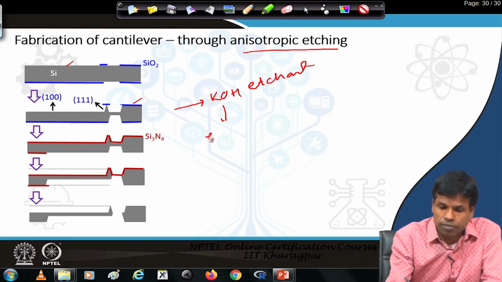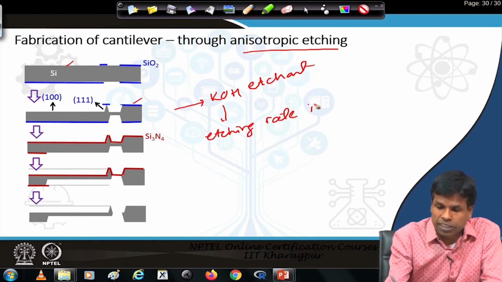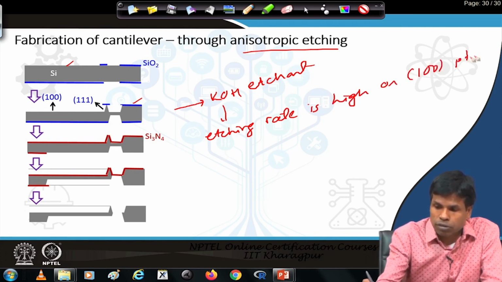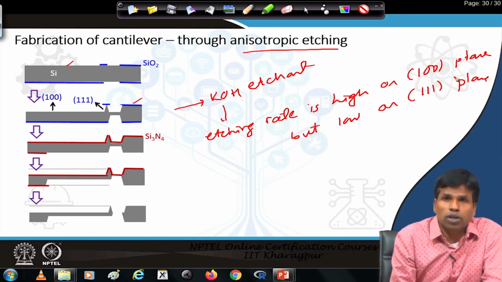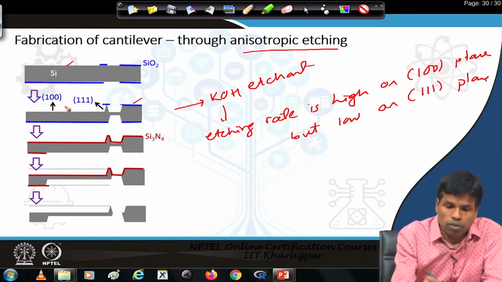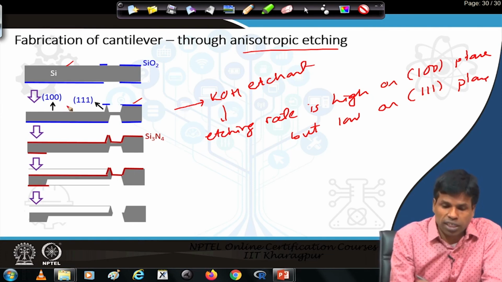So the etching rate is high on the 100 plane but low on the 111 plane. As the etching rate is high on the 100 plane, etching will be faster in that 100 orientation, but the etching rate will be smaller in the 111 plane.